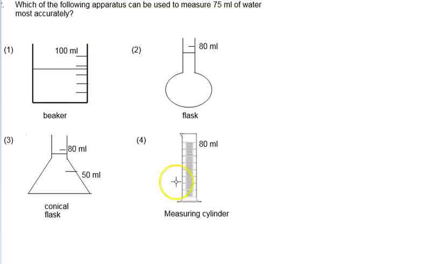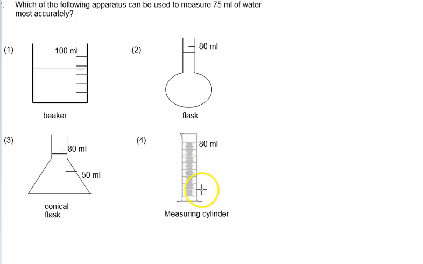Now option 4 is a measuring cylinder. It is a maximum of 80 ml for this question. If you look at the lines, this is 0, right? For the measuring cylinder, the 0 should be at the bottom here. And there are 1, 2, 3, 4, 5, 6, 7, 8 lines, and there's 80 ml.